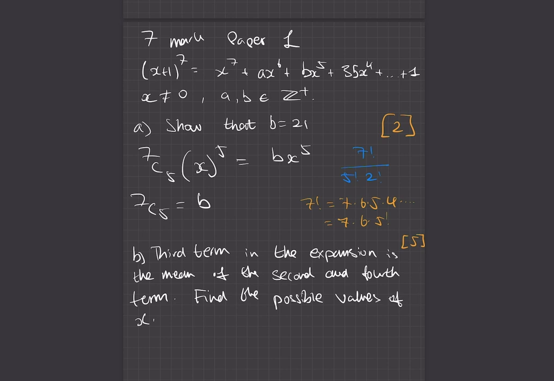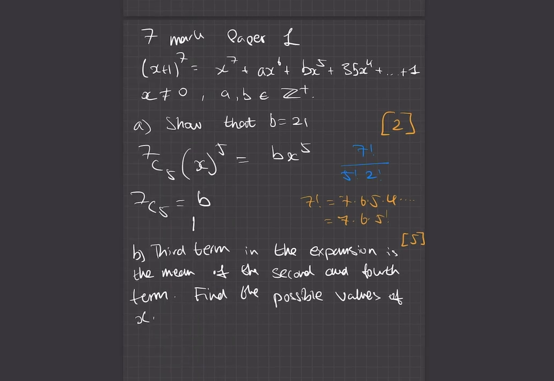So we can cancel those 5 factorials. So that means that b is equal to 7 times 6 over 2, which is 7 times 3, which is equal to 21, and that's what we had to show. So usually I use this way to evaluate or simplify these sort of binomial coefficient problems.